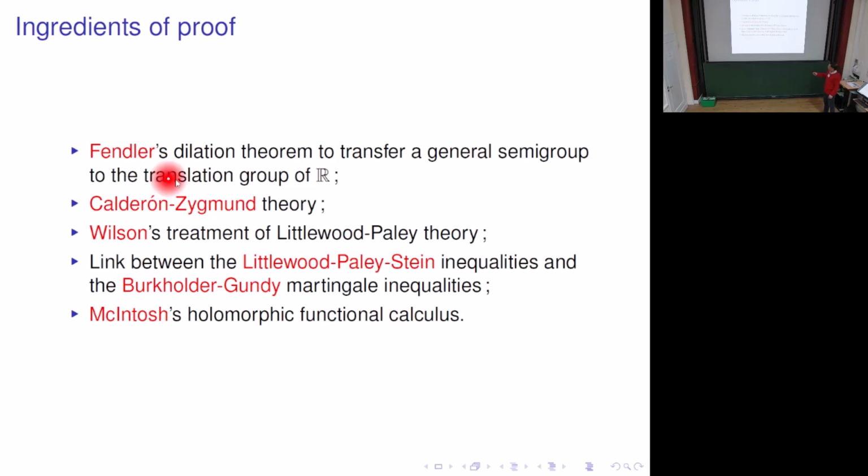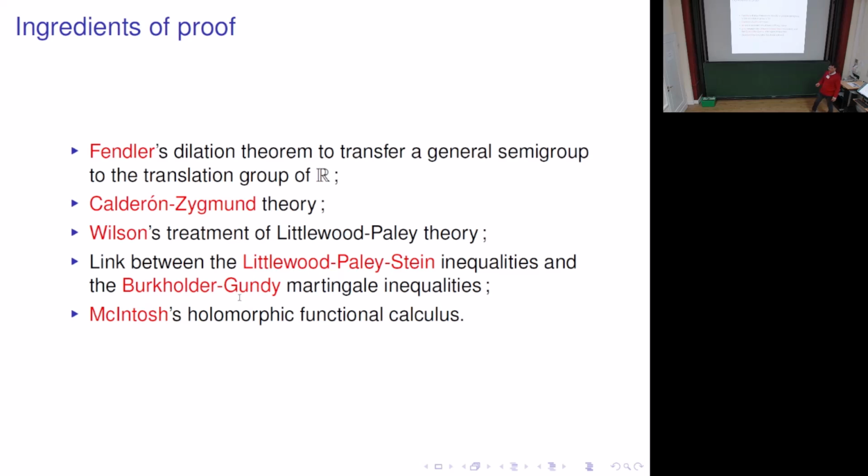Then we use a modern treatment of the classical Littlewood-Paley theory by Wilson. You can imagine that we have two families of inequalities, one for martingales and another for semigroups. So we have to establish a link, a bridge between semigroup and martingale inequalities.